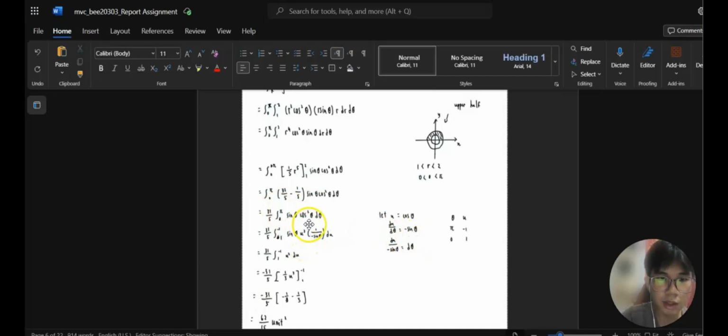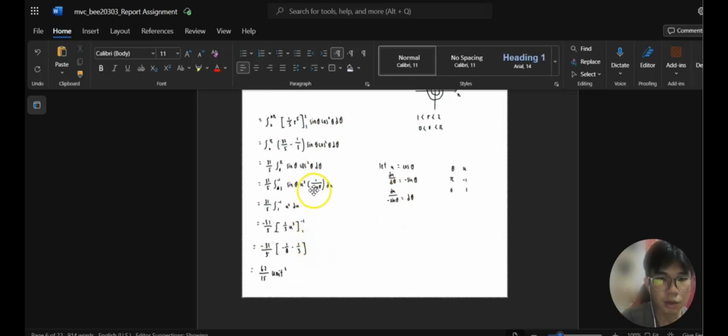So cos square delta will become u square, and 1 over negative sine delta. So d delta will become du. And next, we cancel sine delta and negative sine delta. We will get the equation u square du. And we integrate again. And last, we will get the answer 62 over 15 unit square.